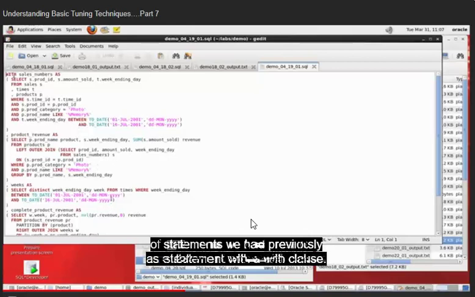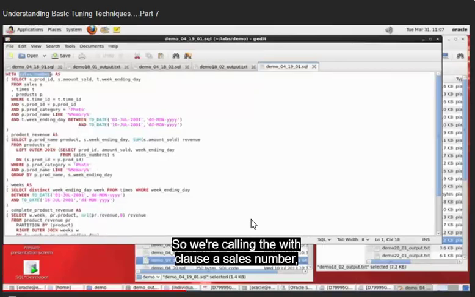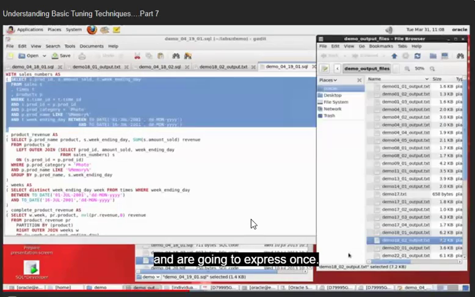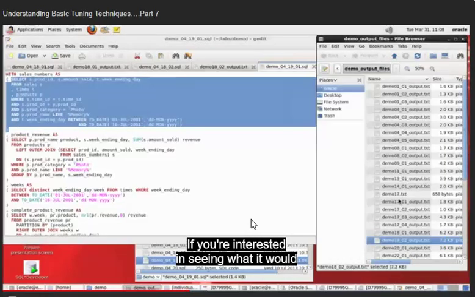We've taken out of the subportions and are going to express once. If you're interested in seeing what it looked like before, the notes are on the slides, and then we're going to use this sales number in a number of places throughout the query.